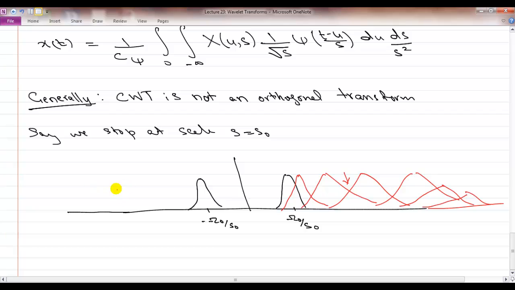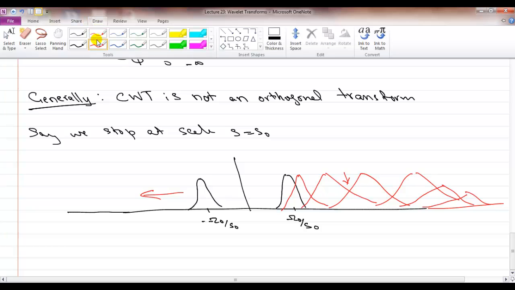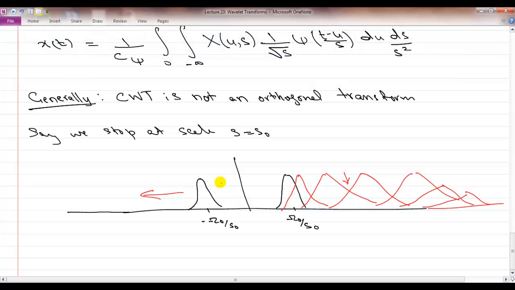The same is true for negative frequencies. I'm not drawing them here, but we have covered all the frequencies up to omega naught over s naught. But there is this region that is left uncovered. Right? And we now somehow need information about our signal to fill in this piece of information.